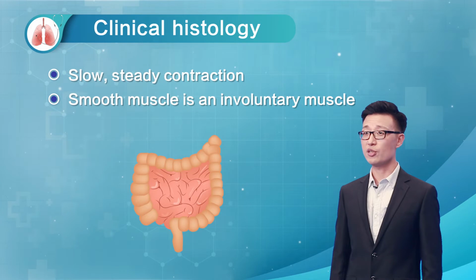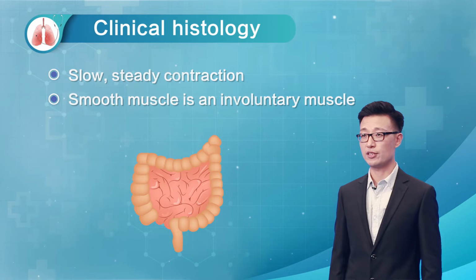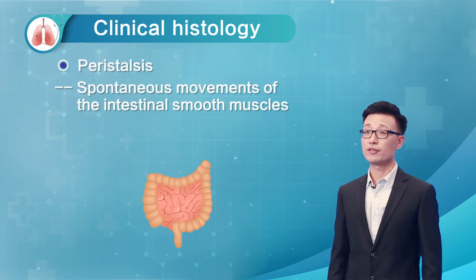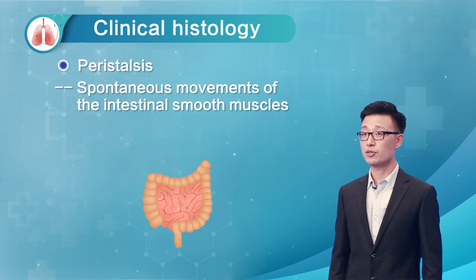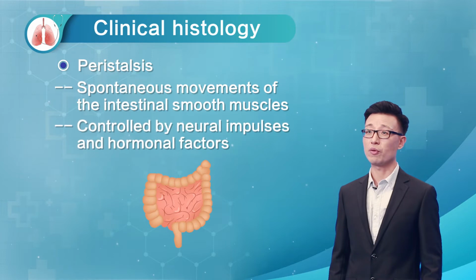Take the intestinal smooth muscles as an example. People do not need to think about their small intestine for its peristaltic activities. The spontaneous movement of the intestinal smooth muscles, called peristalsis, is controlled by neural impulses and hormonal factors.